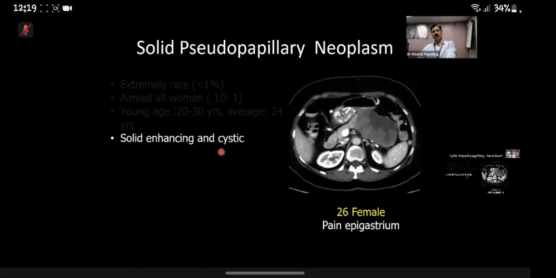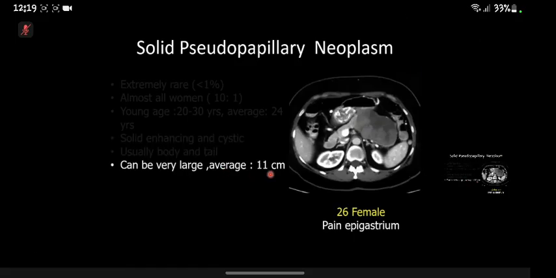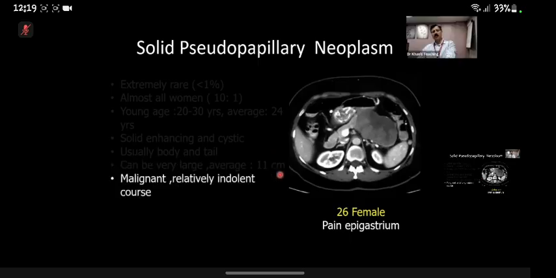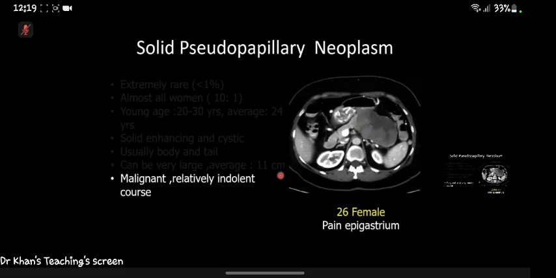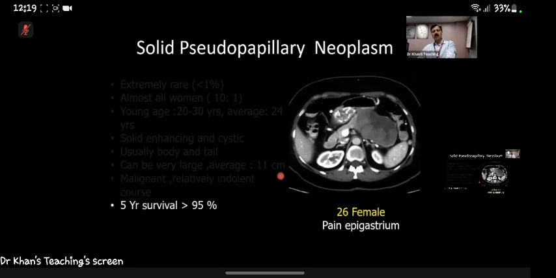It has got a solid enhancing and cystic component, usually in the body and tail. It can be very big, up to 11 centimeters, and it is malignant, but interestingly or luckily, quite an indolent course, and 5-year survival is more than 95%.